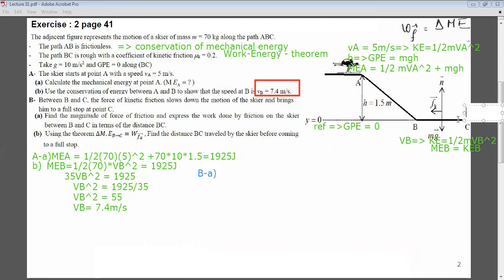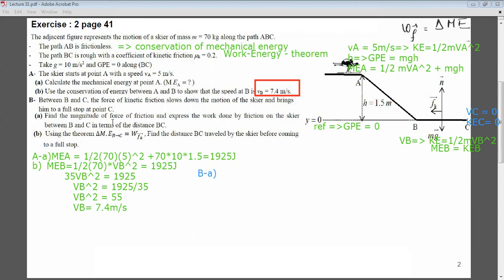How much is V at C? V at C is equal to 0, right? And if V at C is equal to 0, it implies kinetic energy at C is equal to 0, right? Okay, so friction makes the sphere stop.